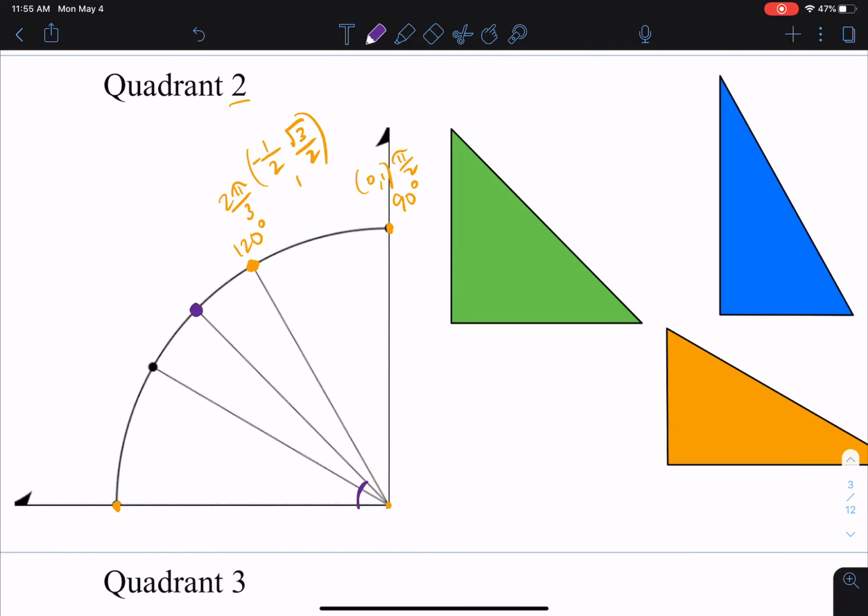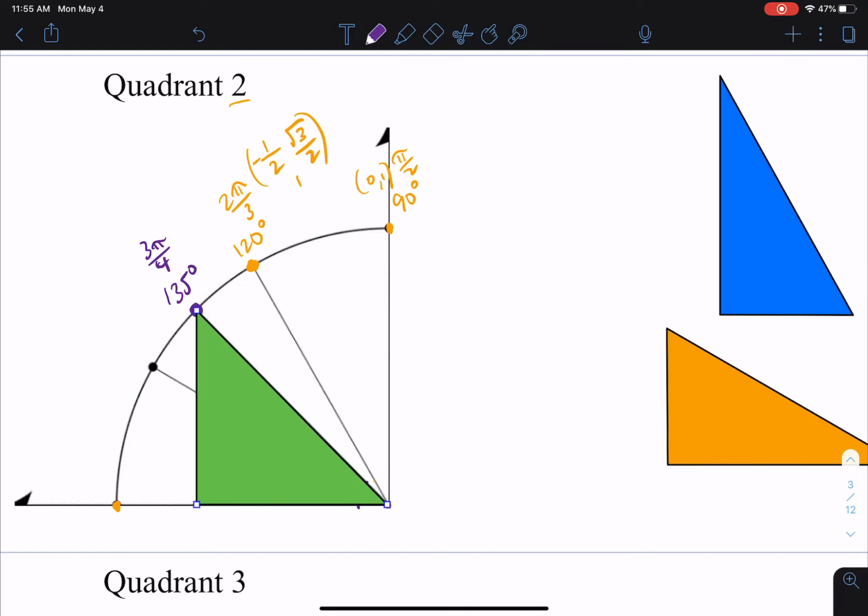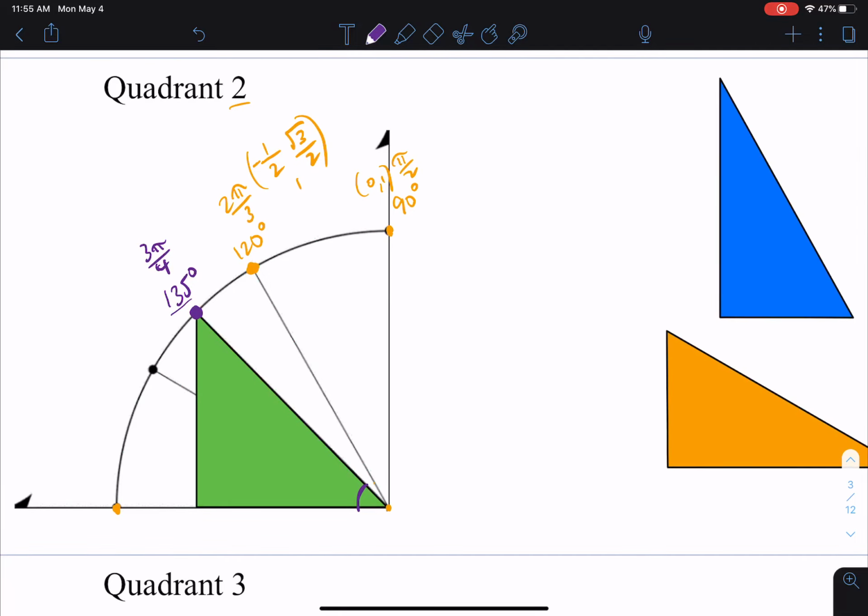Okay, so the next angle we're going to do is the middle one in quadrant 2. The first one was 120, or 2 pi over 3. The next one is going to be 135, which in radians is 3 pi over 4. That one is going to match this triangle here. 135 is right in the middle of 90, or pi over 2, and 180, or pi.